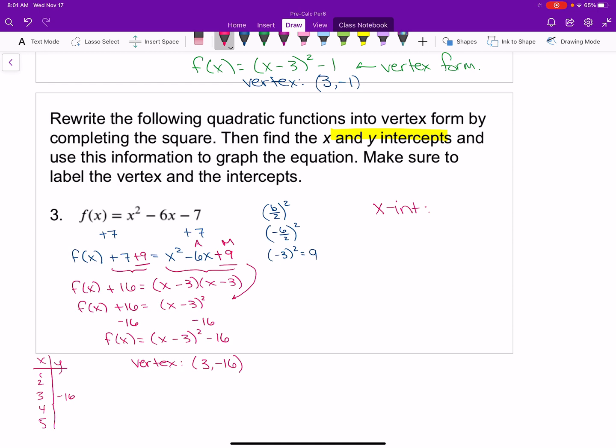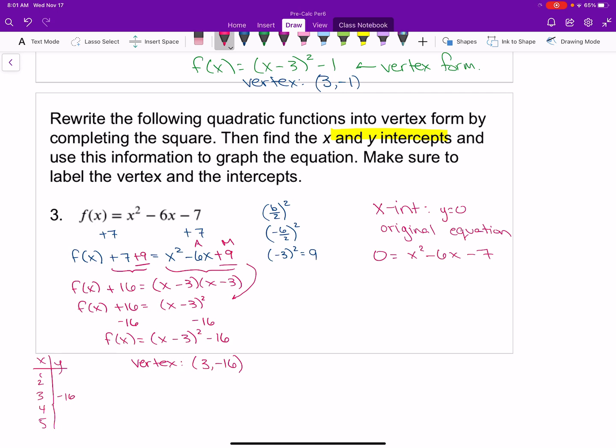So if you are an x-intercept, you are hitting the x-axis, which means your y is 0. So you're going to actually want to go back to the original equation for this. Your x-intercept is best found from standard form. So my y is the f of x. I'm going to make it 0.